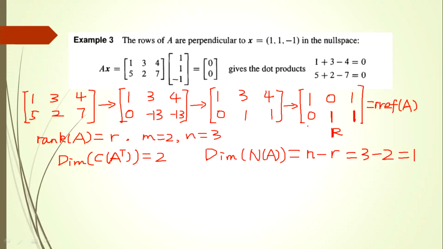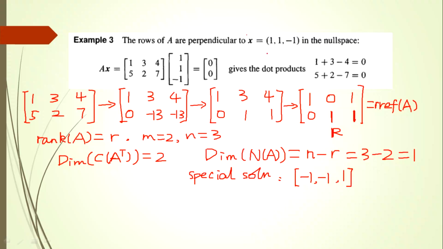What is the special solution? We can give one special solution. X3 is the free variable. According to our method, the special solution is X3 is 1, and X1 and X2 are minus 1.